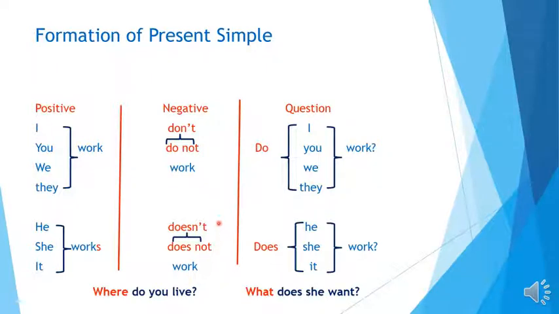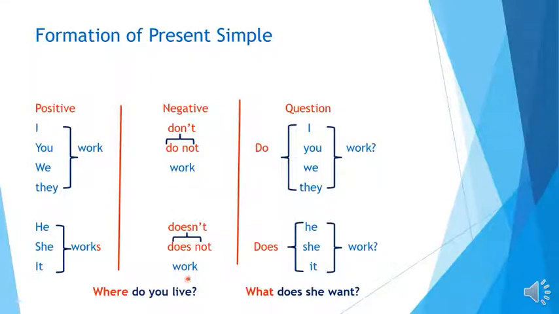Or else you can use the contraction as he doesn't work, she doesn't work, it doesn't work. Clear? In negative, you should remember do not and does not. Do not is used with I, you, we, they. Does not is used with he, she, it.